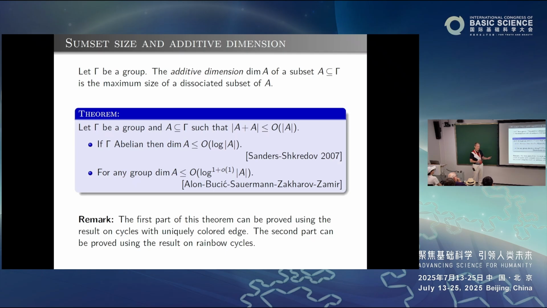You can really reduce it by defining an appropriately colored graph, and by now you have a good feeling. When you have a group, you look at some Cayley graph, and you suddenly get a graph which is colored, and a cycle is exactly this linear dependence. Any questions?